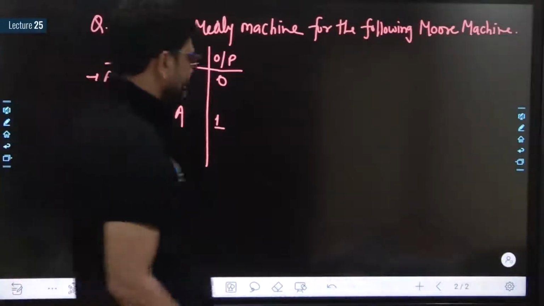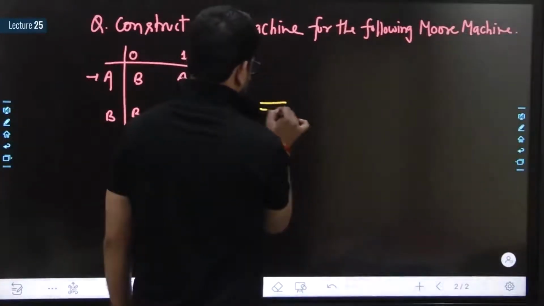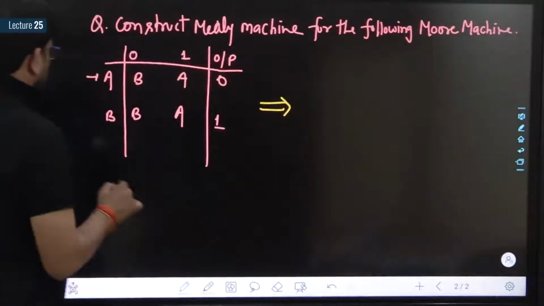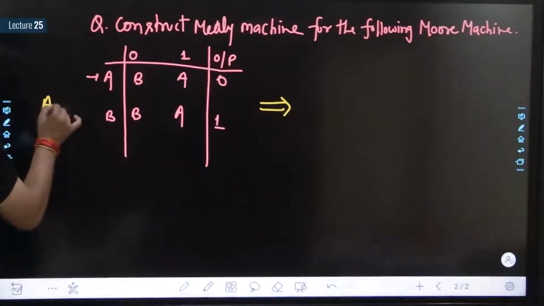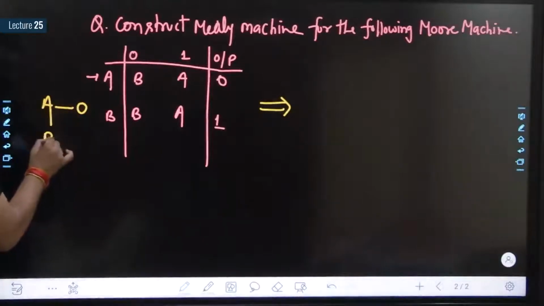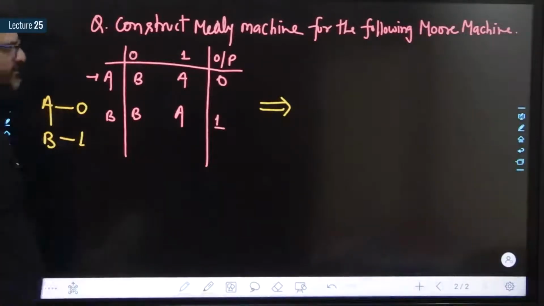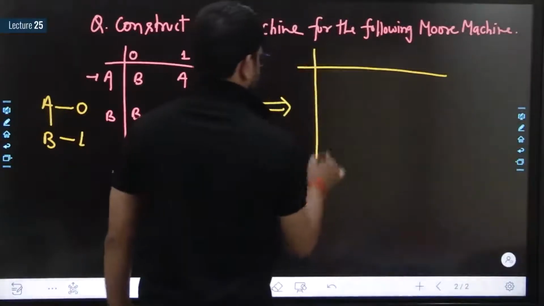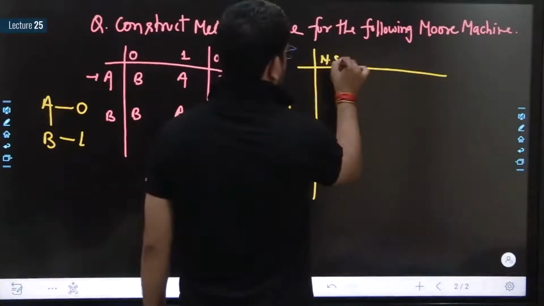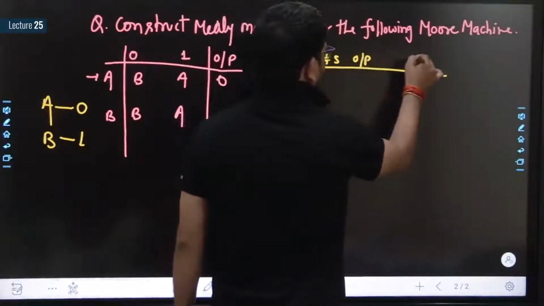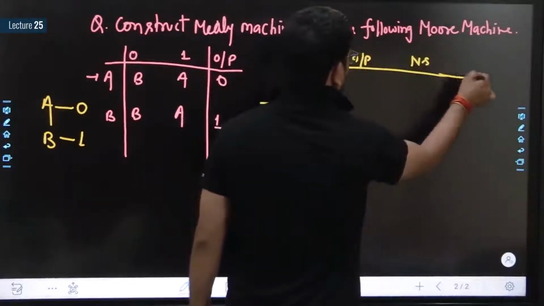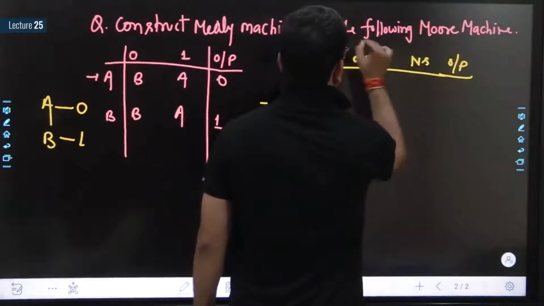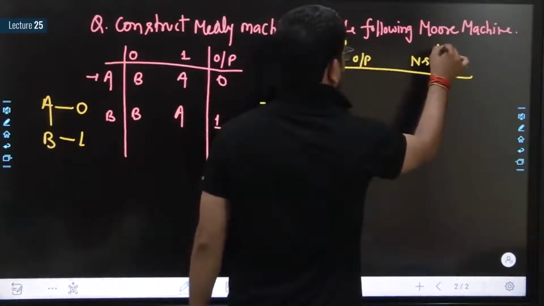See, what are the outputs associated with A? 0, B, 1. Next state, output, next state, output. 0, 1.